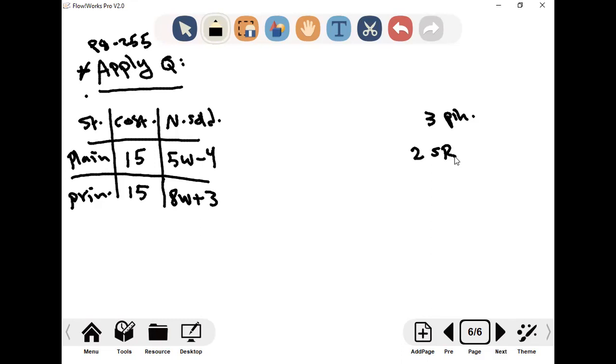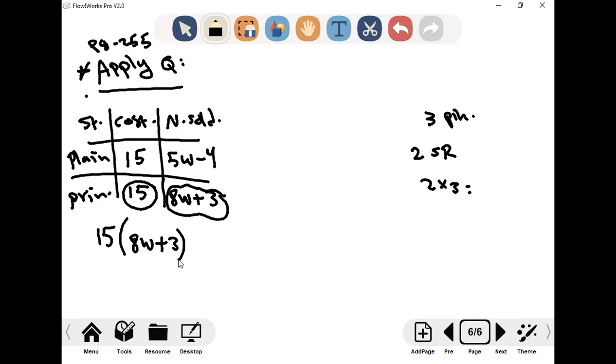Check, it means 2 times 3. So here the cost is how much? 15. The number is 8W plus 3. The total money will be 15 multiplied by 8W plus 3, minus. Why minus? Because I need to know how much more.